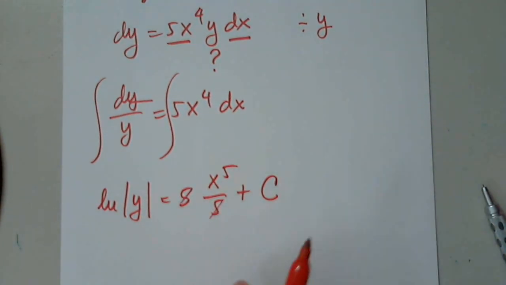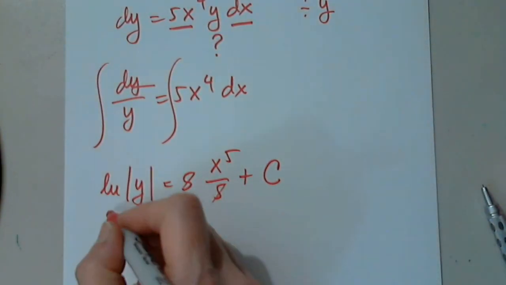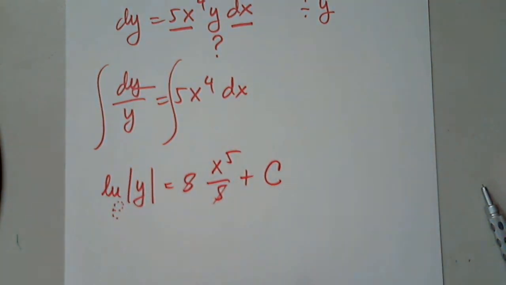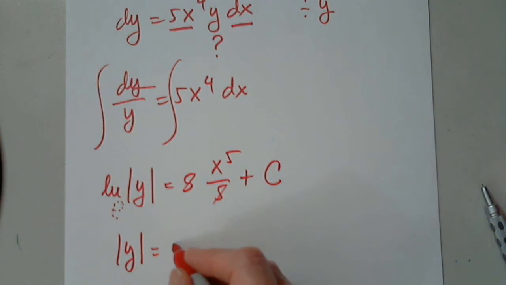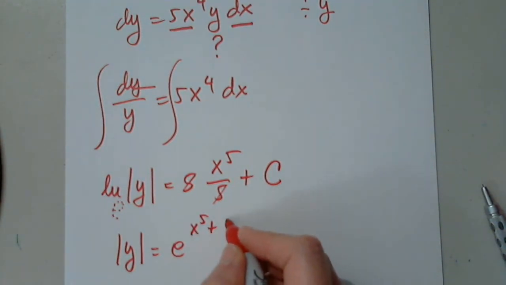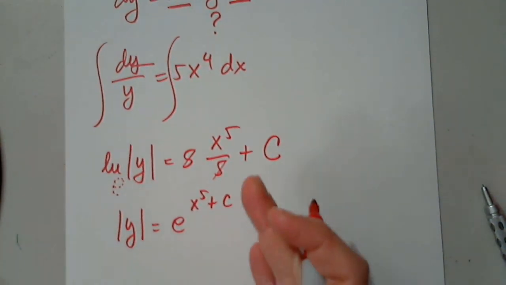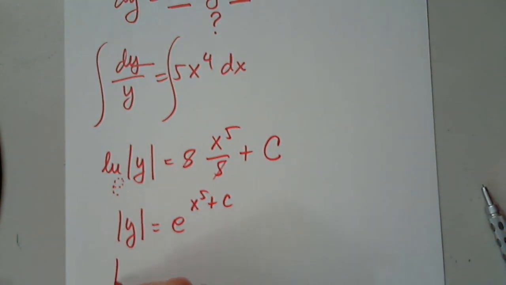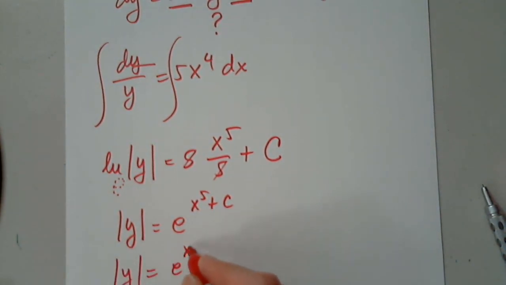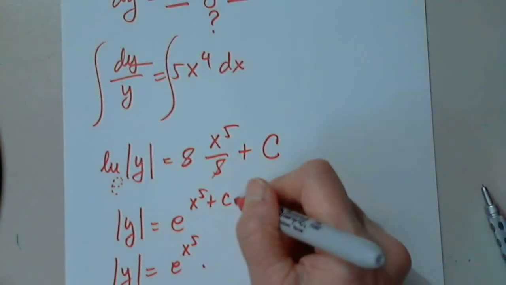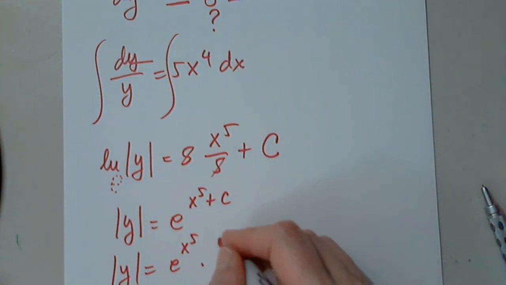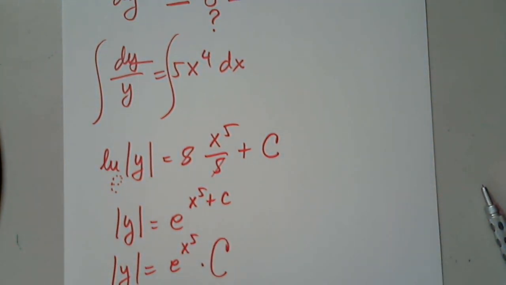I will simplify. Like before, the base is e. So the absolute value of y equals e to this. E to x to the 5th plus a constant c. Like before, I'm going to separate these two. E to x to the 5th times e to the constant, which is another constant. I'm going to call it bigger c.